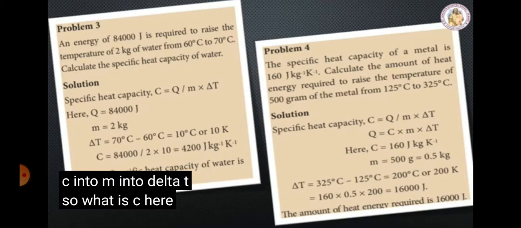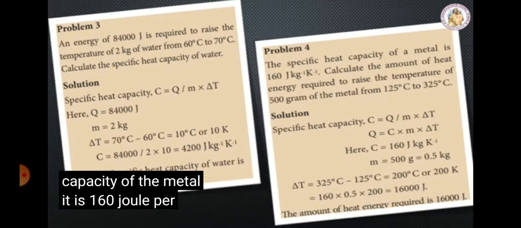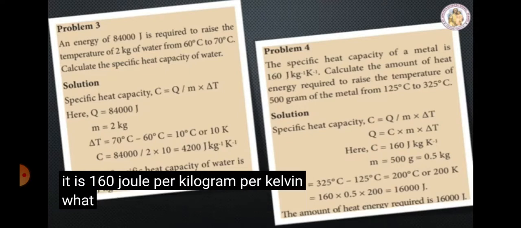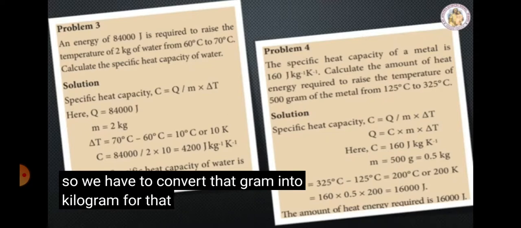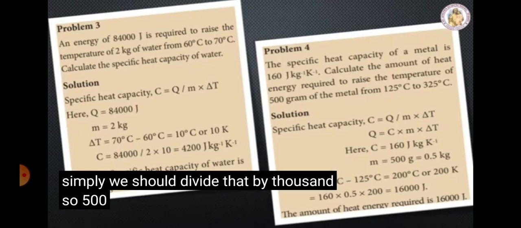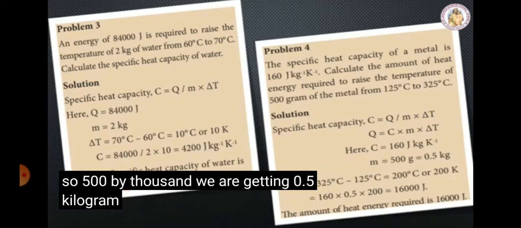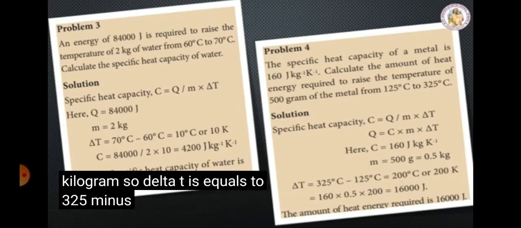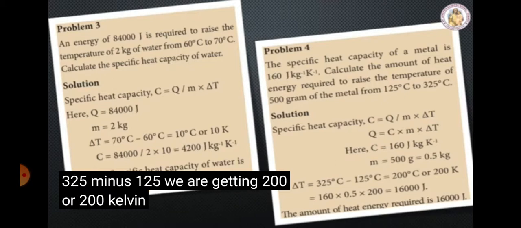So what is C here? The specific heat capacity of the metal is 160 joule per kilogram per Kelvin. What is the mass? It is 500 gram. So we have to convert that gram into kilogram. For that, simply we divide that by 1000. So 500 by 1000, we are getting 0.5 kilogram. So delta T is equal to 325 minus 125, we are getting 200 or 200 Kelvin.